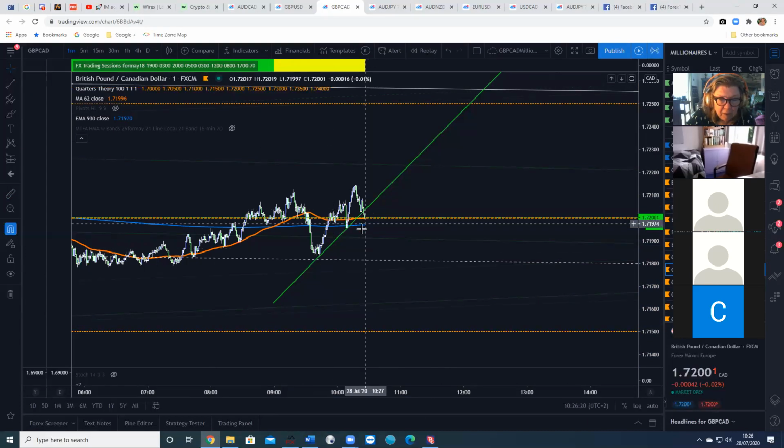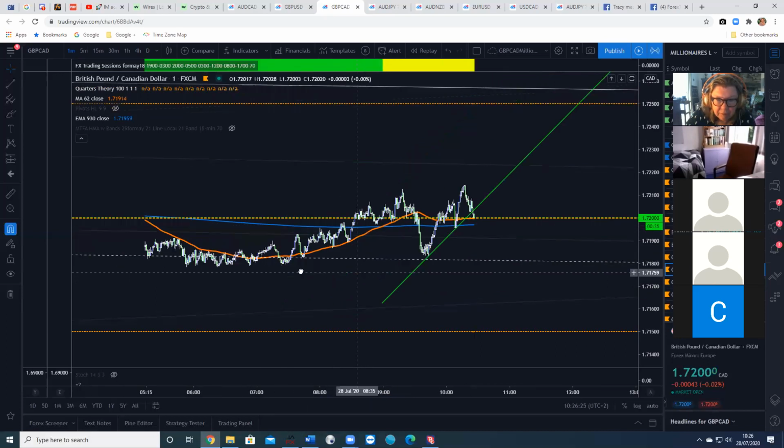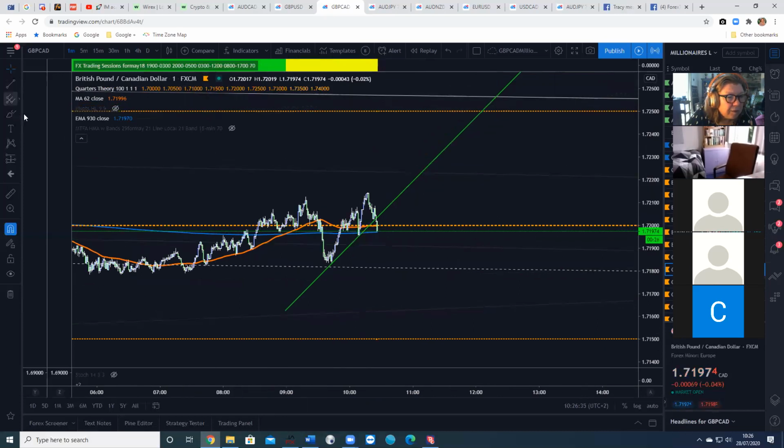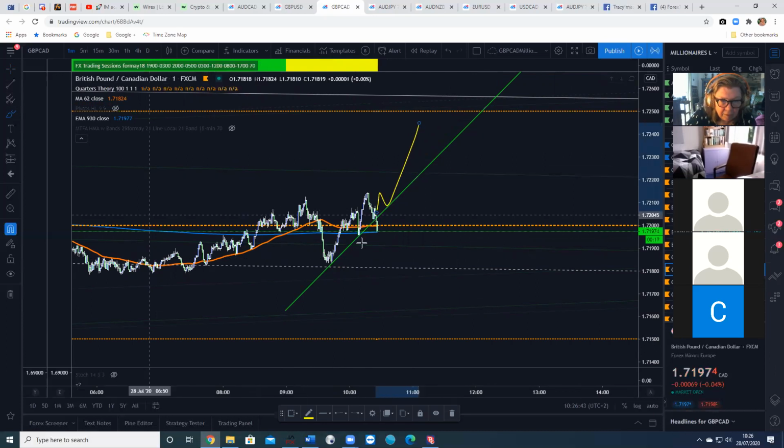So that is 3 confirmations for a buy. But at the moment, it's just coming back down, playing around in there. So we wouldn't want to get in unless it carried on doing that. Or is it going to change its mind?